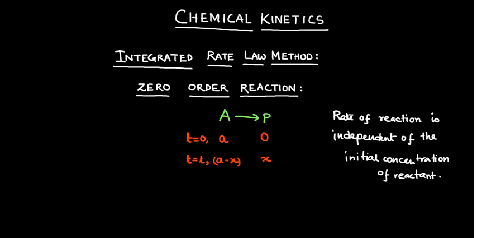Now what happens for a zero order reaction? The rate of the reaction, if it is specified by capital R, is equal to k A to the power 0, because it's a zero order reaction, and whatever the order is, that is specified as the power. Now in general for this reaction, what can we write?